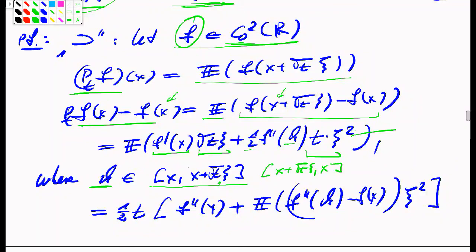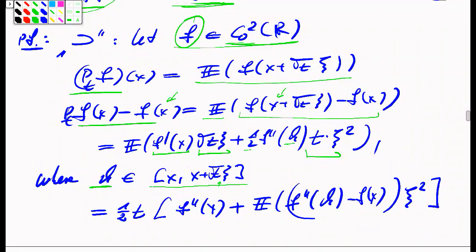Psi is a Gaussian random variable, so it can assume positive and negative values, and therefore this theta is in one of the two intervals, but we have to write it properly depending on the sign of psi. Okay, so we have this representation for this difference by means of a Taylor expansion.